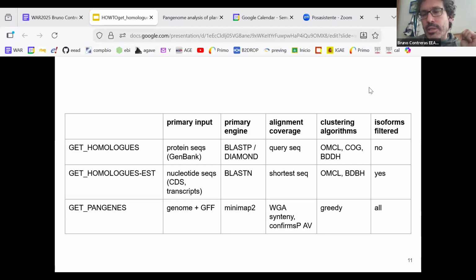And this can also be used, and this is an interesting feature of get pangenes. This approach allows you to confirm or reject presence-absence variations. Because even if a gene is not annotated in a genome, you can still tell whether a region in a genome is actually part of a cluster of genes, which is what we call a pangene, okay?